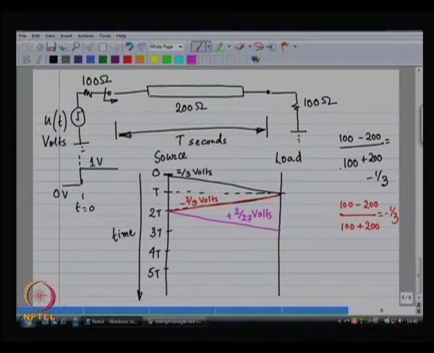That goes and hits the load, and again there is a reflection from the load. What reflects from the load is minus 2 by 81 volts. Subsequently, there is another reflection from the source, and so on and so forth.